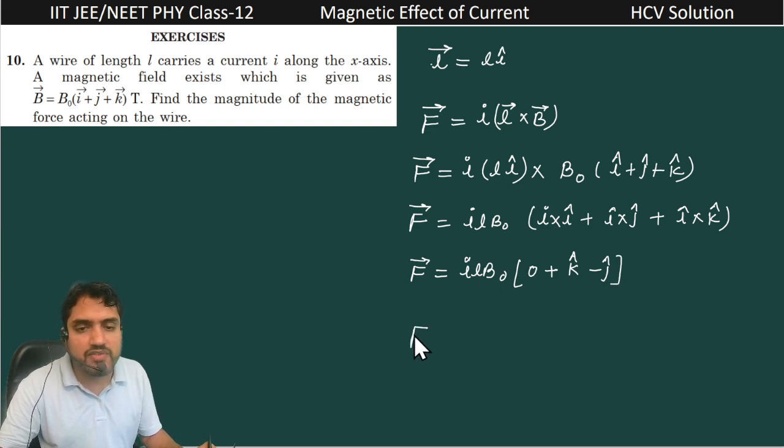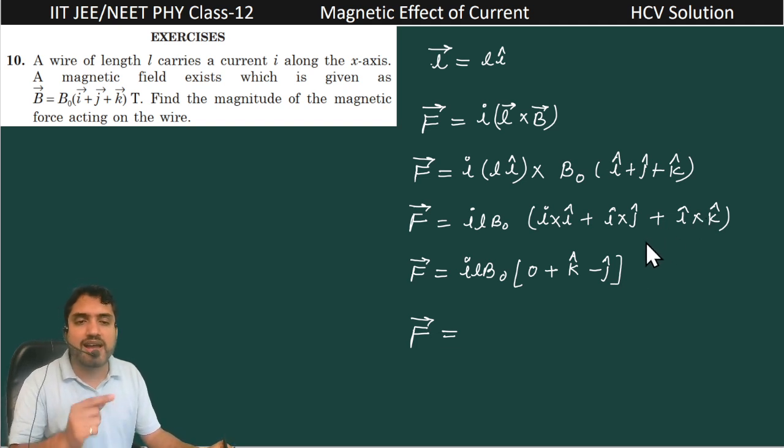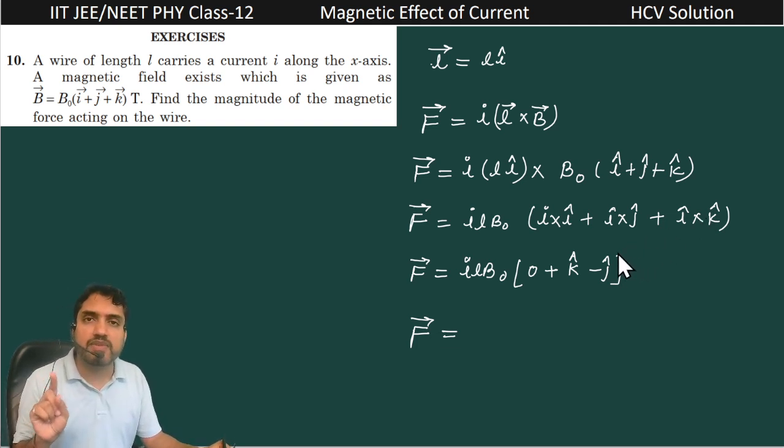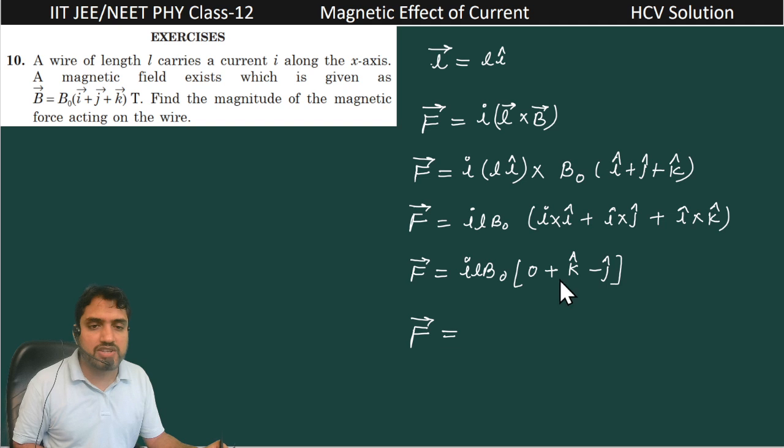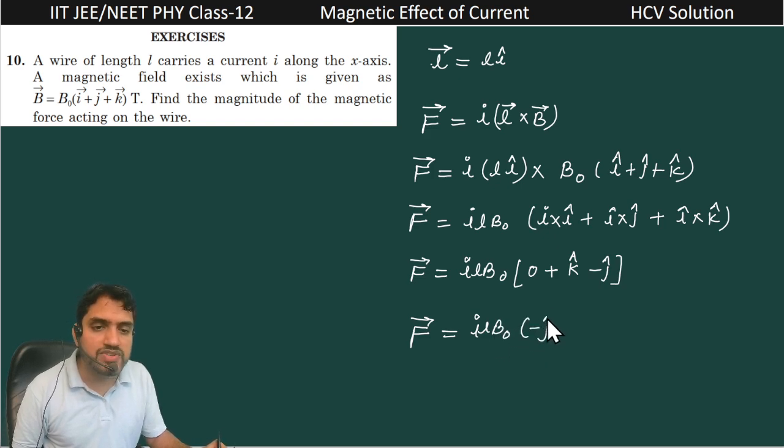So this magnetic force F, you can use the cyclic rule here. i cross j is equal to k, but k cross i, you have to move in the opposite direction, that's why minus j is there. So I L B naught (minus j plus k), that much force will act.